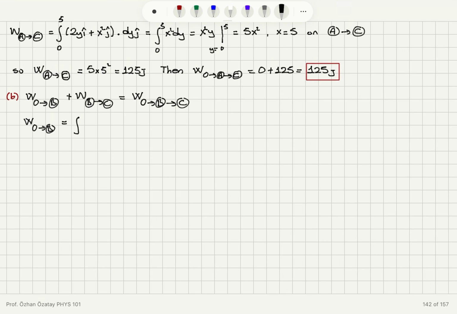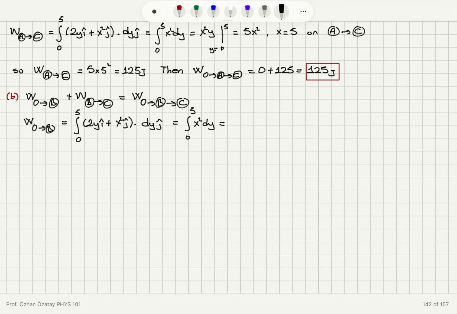Now, along this path, we have y changing from 0 to 5. The force was 2y i hat plus x squared j hat, dot product with our dr vector, which is dy j hat on this path. And j hat dot j hat is 1, i hat dot j hat is 0. So this will be an integral from 0 to 5 of x squared dy.